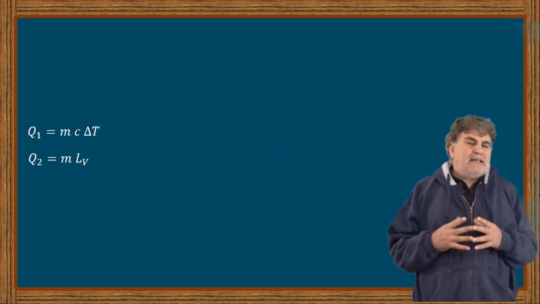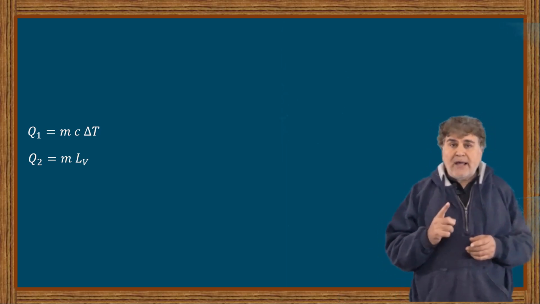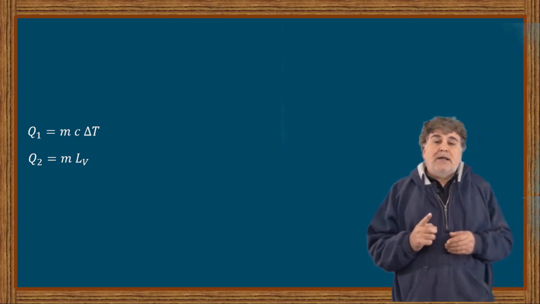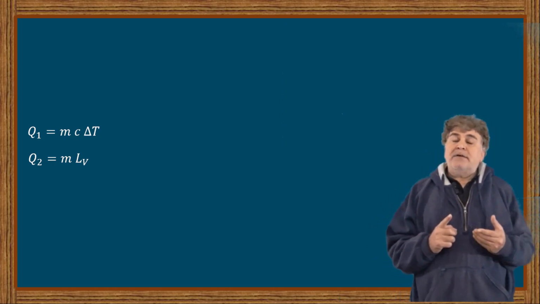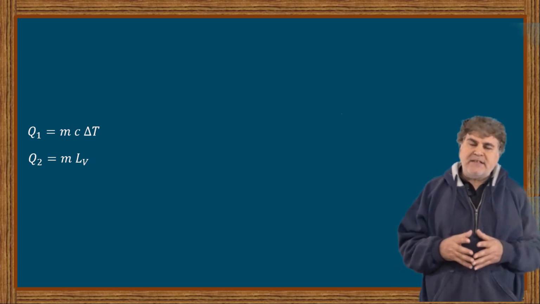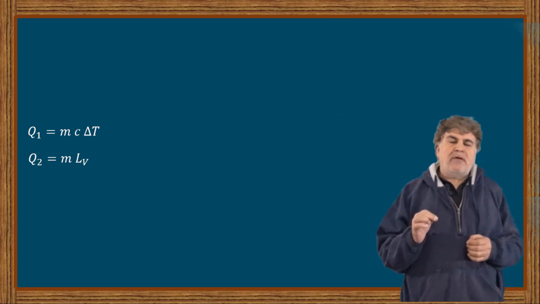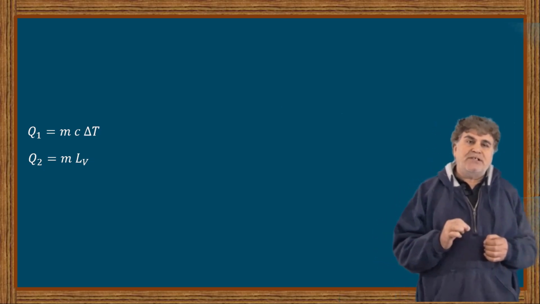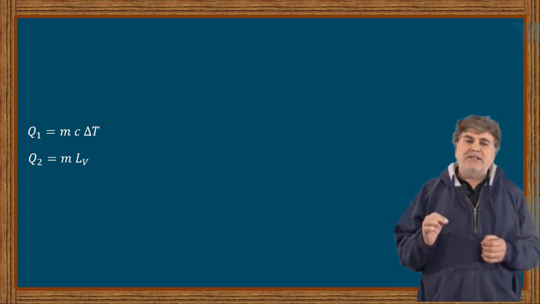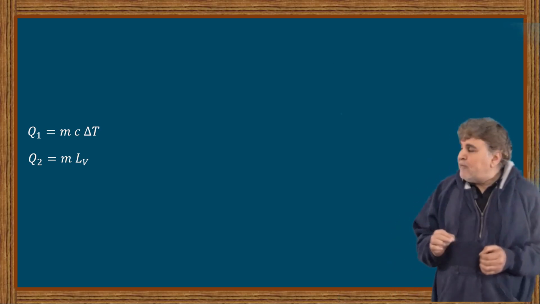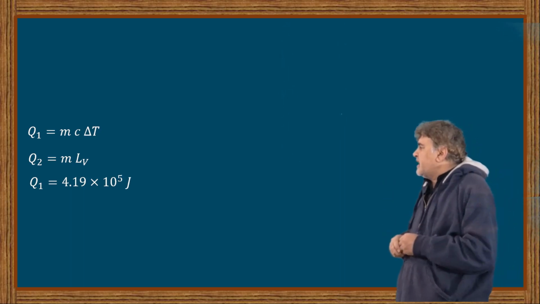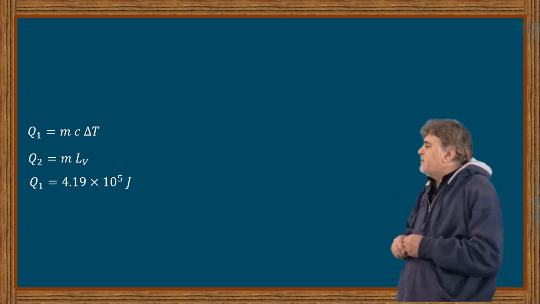Now, if we apply these equations to 1 kilogram of water, then the amount of heat Q1 needed to raise the temperature of 1 kilogram of water from 0 degrees Celsius to 100 degrees Celsius is given by 4.19 times 10 to the power 5 joules.